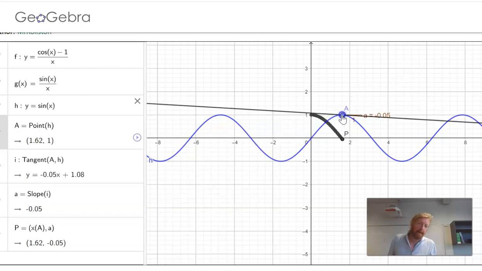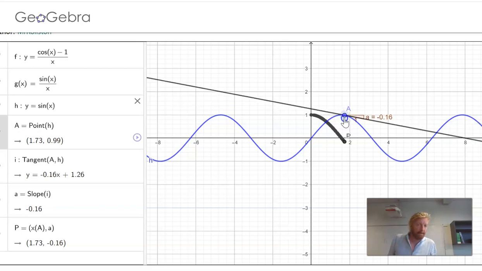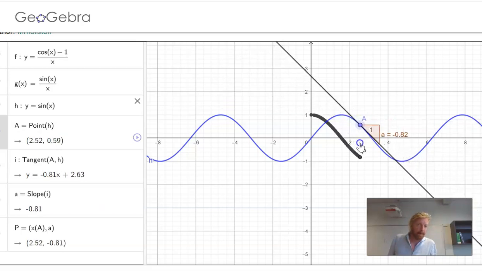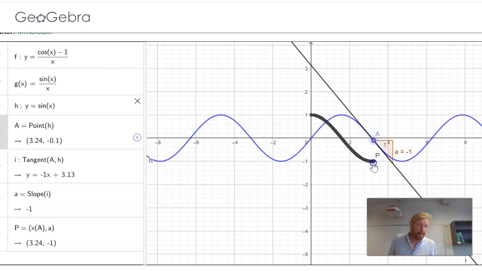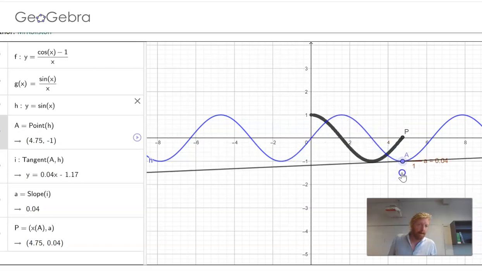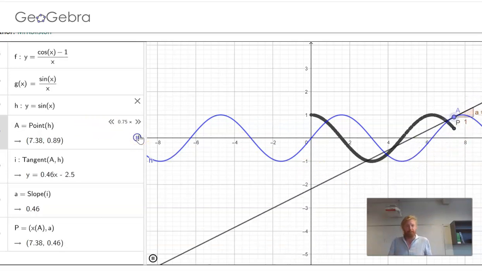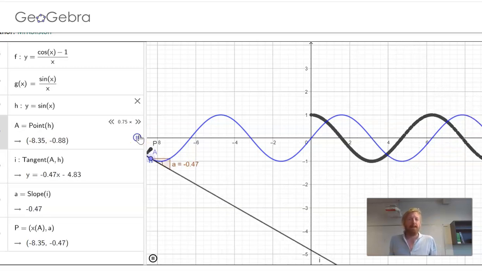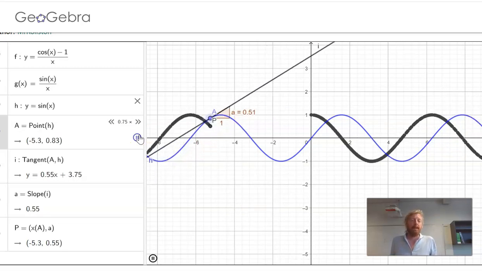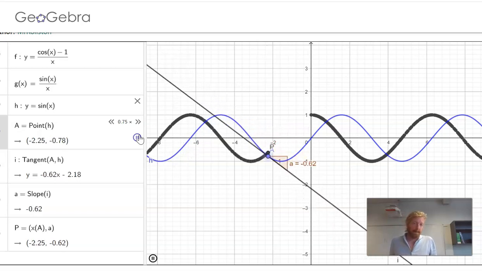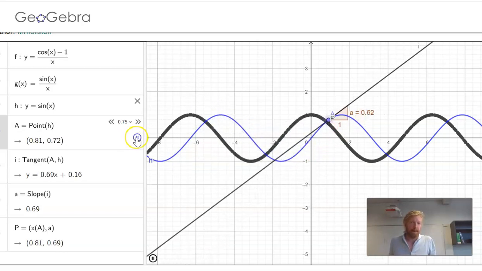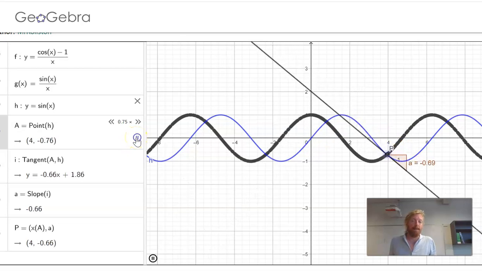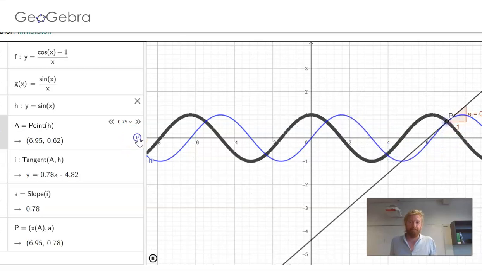If I keep going, the gradient's going to turn negative, -1, and so on and so forth. I'll just press play on this so you can see the derivative of sine x is cos x. Nice, huh? So we could have saved a lot of time by doing that, but no.